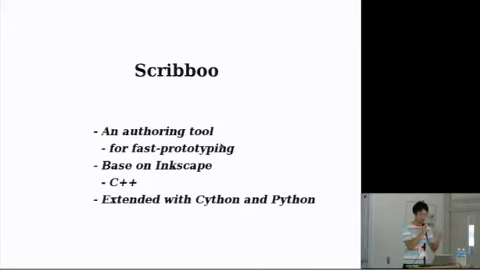Basically, it is based on another 2 projects, so the code was rewritten several times, and there is some very dirty code in Inkscape. It is very hard to understand and read the code of Inkscape. So that's why we try to extend Inkscape with Python.